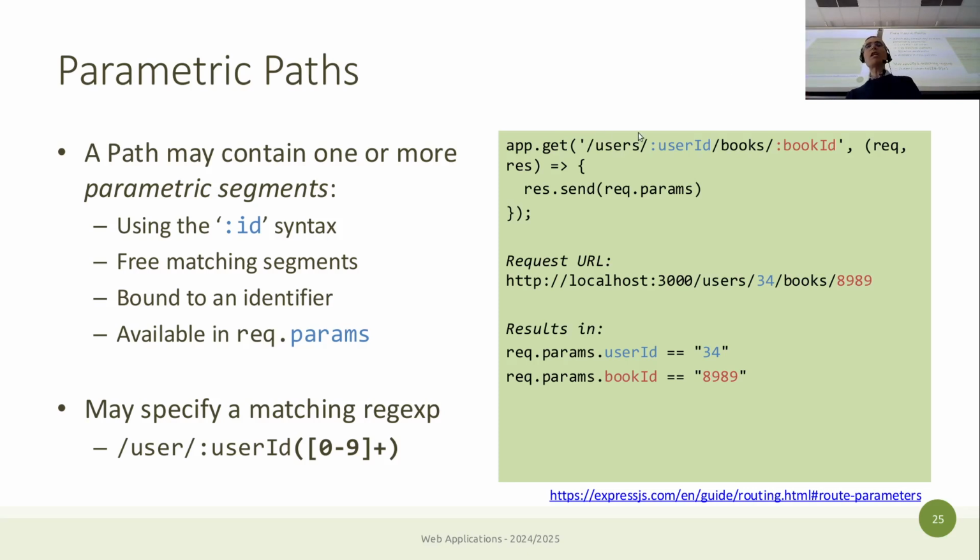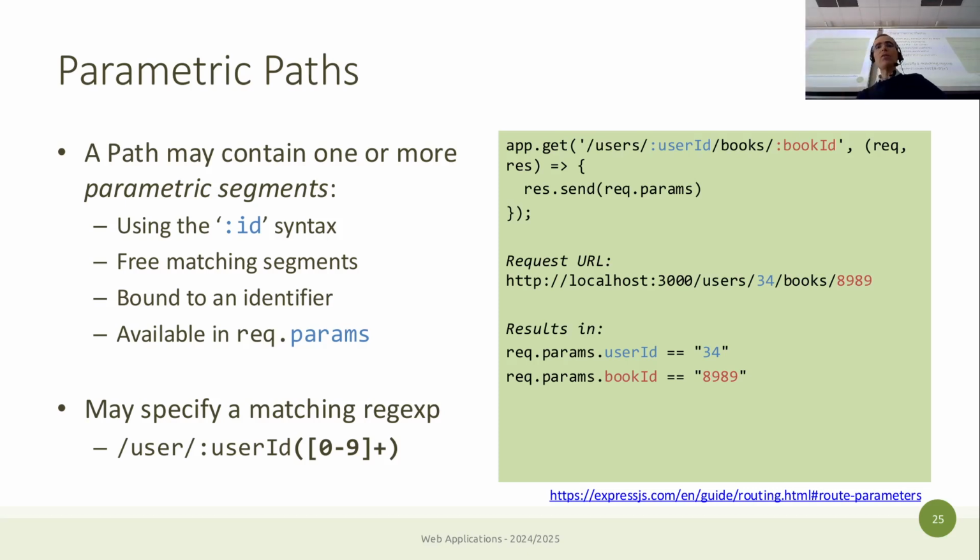So there can be parametric parts of the URL, and they are introduced by the colon symbol, the two dots. They are matched directly by Express, so you don't have to do anything. You just have to decide the schema of the URL, so how the URL is composed.